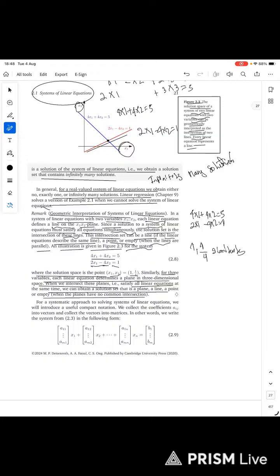For a systematic approach to solving systems of linear equations, we will introduce a useful compact notation. We collect the coefficients aij into vectors and collect the vectors into matrices. In other words, we write the system from 2.3 in the following form.